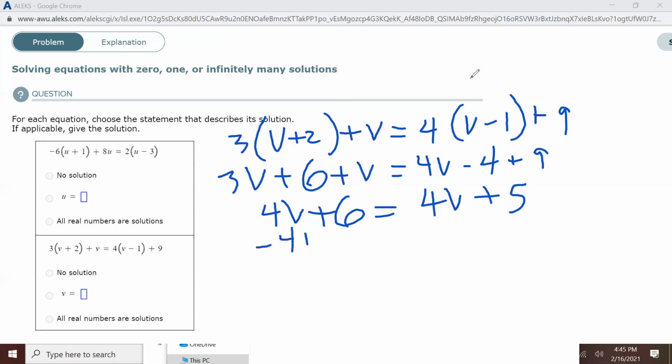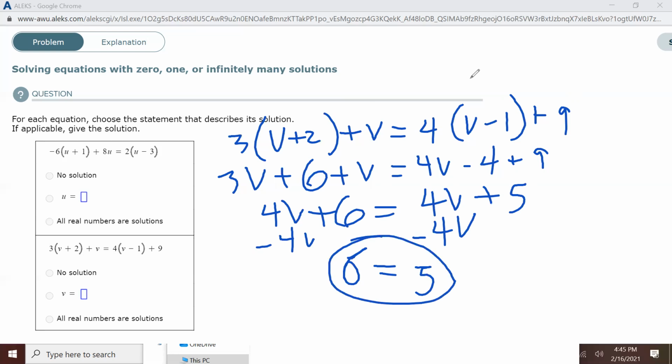We subtract 4v from both sides to try to get the v's together, and we get an obviously false statement, 6 equals 5. Therefore, since the variables completely went away, it doesn't matter what we plug in for the variable. The left and right side of the equation will never be equal, and therefore the answer is no solution.